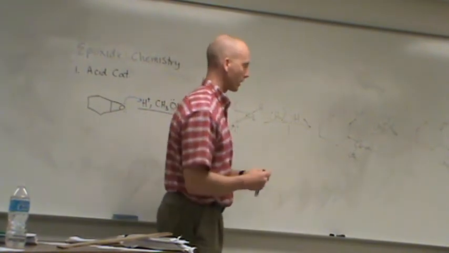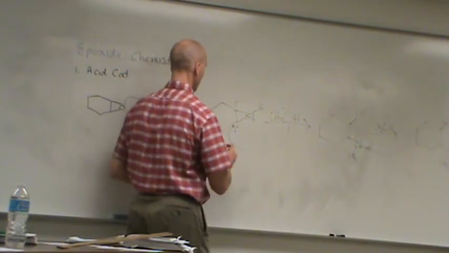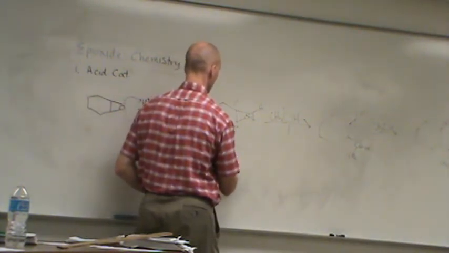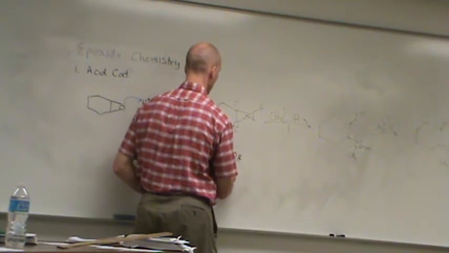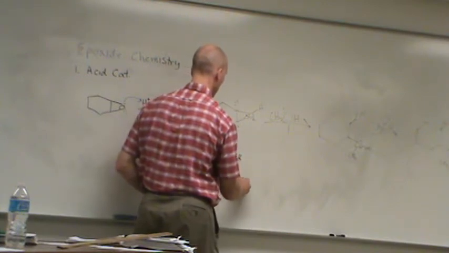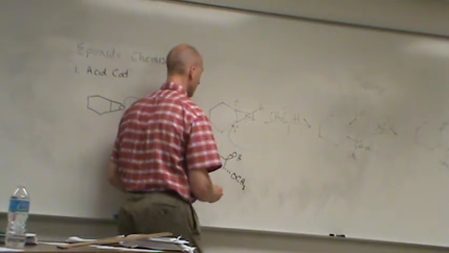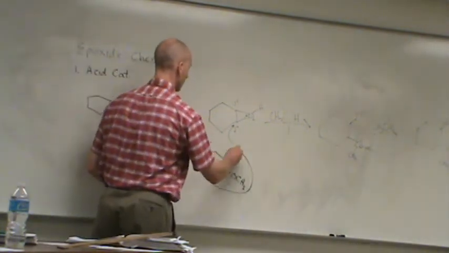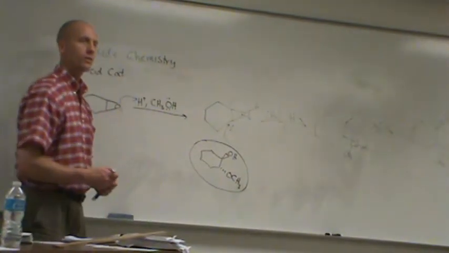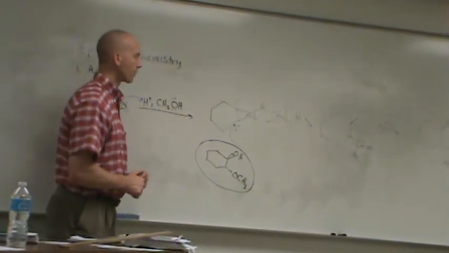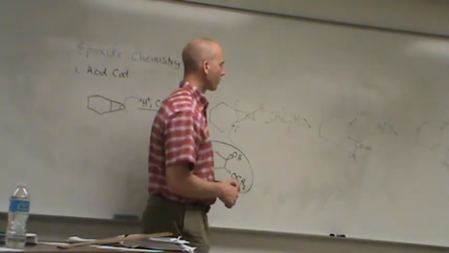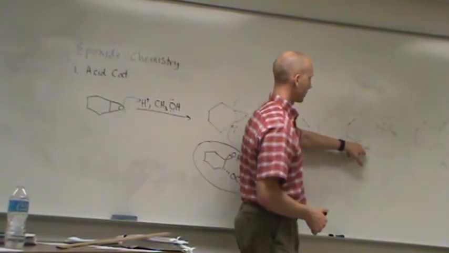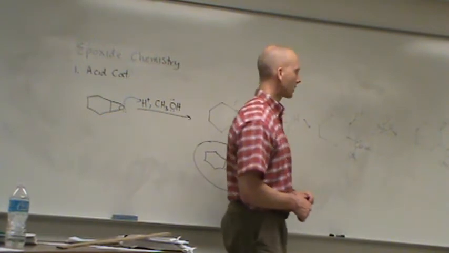For the sake of the camera, the final product that was drawn is this one here. Question? Is there an importance in showing the last mechanism of the last hydrogen or just the final product more than that? Yeah, if I asked for the mechanism, yeah, you'd have to remove that acidic hydrogen.